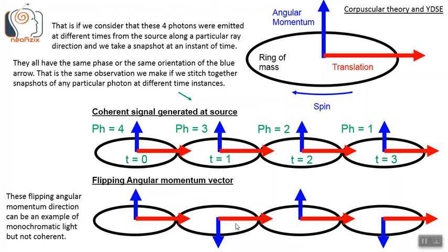It can have the same frequency, but they are not coherent because these angular momentum directions are not the same. So if they are not parallel, no matter what, even if they are 180 degrees off, no matter what the angular difference is, it becomes incoherent. For coherent, all these angular momentum directions have to be parallel.